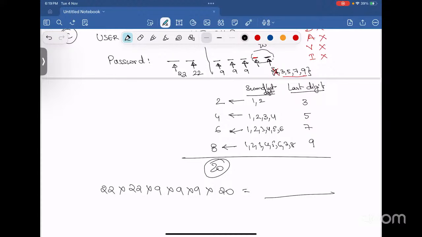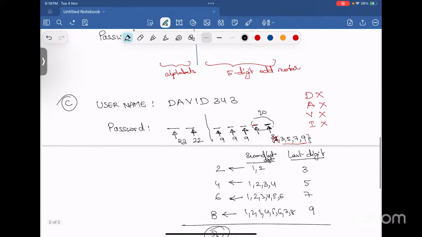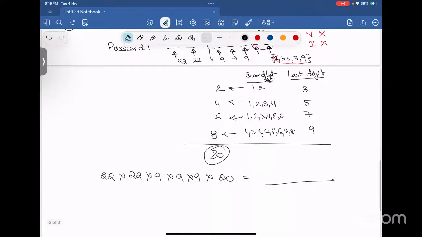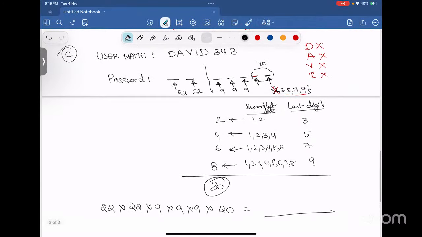Right. So these many ways he can generate his password if he puts his username as David343. So you can compute this, I guess. 22 into 22 into 9 into 9 into 9 into 20. And that many ways.